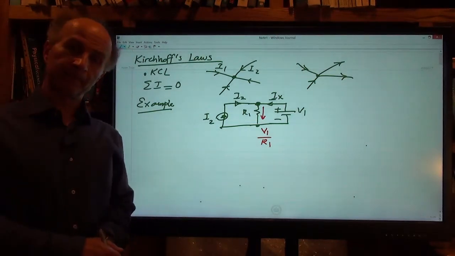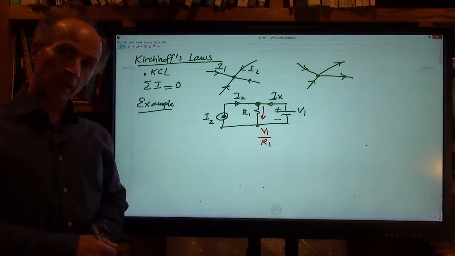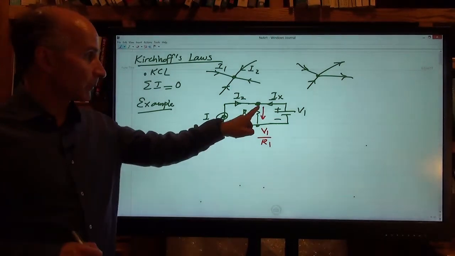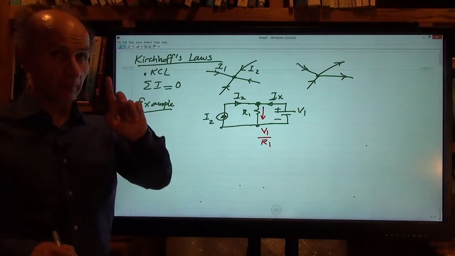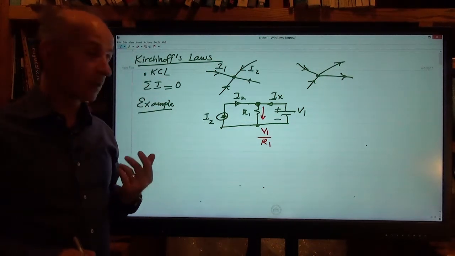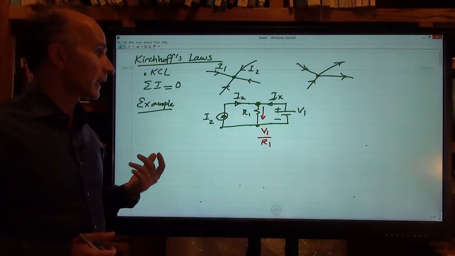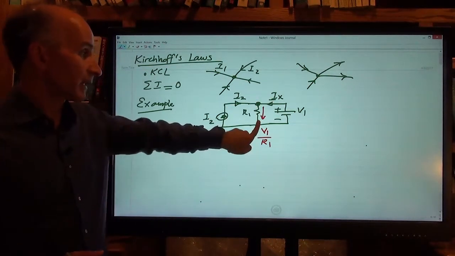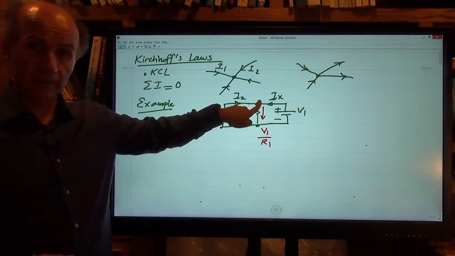Ohm's law. Okay, so now we are ready to write our KCL at this point. Of course, we have to be very careful with the polarity of the currents, the signs of the currents.